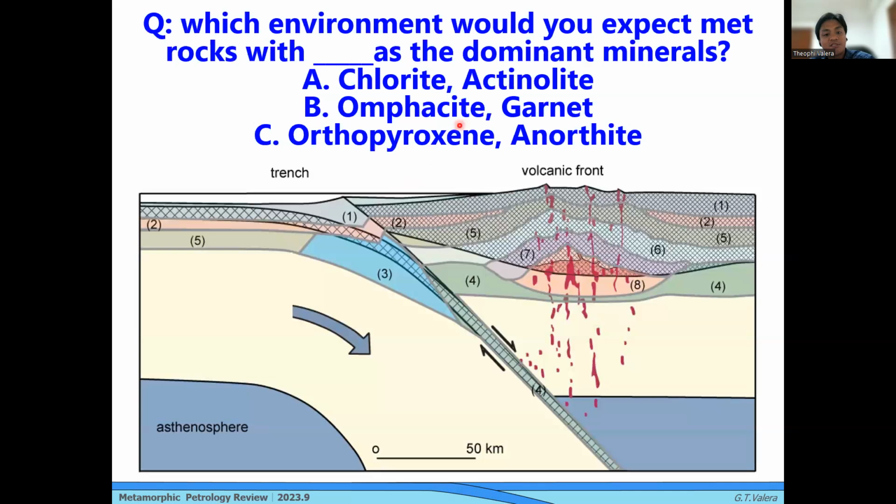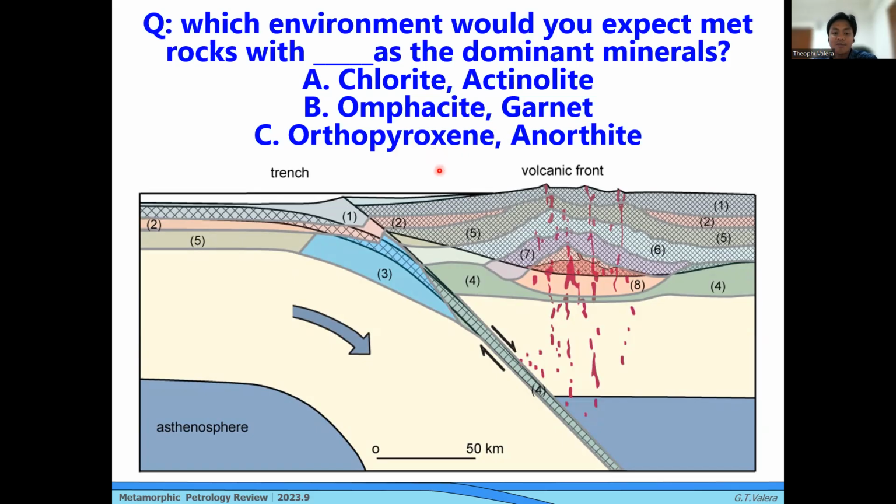Yeah. How about omphacite and garnet? Omphacite and garnet is an eclogite, basically, diba? The key minerals for an eclogite. And if you have an eclogite, it requires high temperatures and high pressure. High temperature like 4 and high pressures like 4. Yeah. How about orthopyroxene and andesine? This requires moderate amounts lang ng pressure.